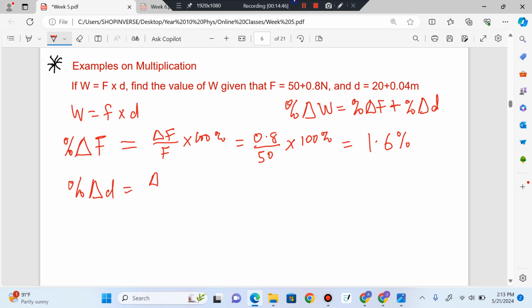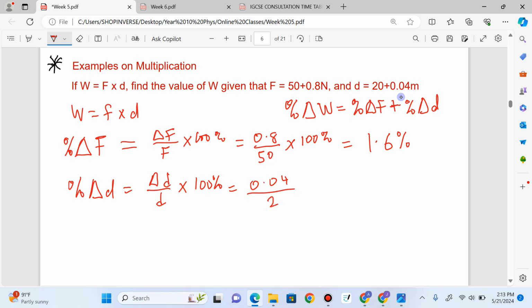Percentage uncertainty in distance is uncertainty in distance divided by actual value of the distance multiplied by 100%. What's the uncertainty in distance? Absolute uncertainty in distance is 0.04. I'll divide it by the actual value of the distance, 20, and then multiply by 100%.